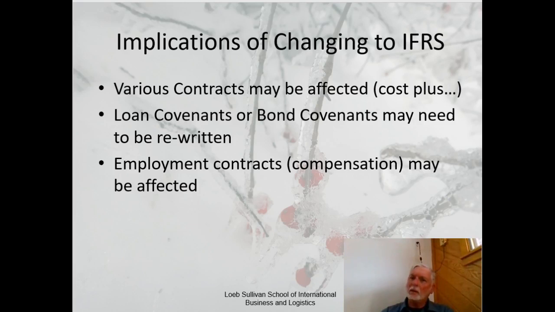So when accounting principles change, whether they're changing to IFRS or changing more to GAAP, it may affect contracts, which might be figured on a cost-plus basis, but now costs are changing, so the contract has to be changed. Loan covenants and bond covenants might need to be rewritten because there's major changes, and sometimes employment contracts may be affected because somebody's being paid based on income, and the income number changes because we've changed accounting principles. So lots of implications as we try to converge these two systems.